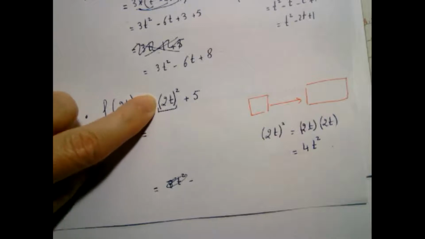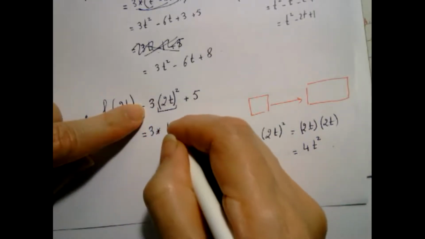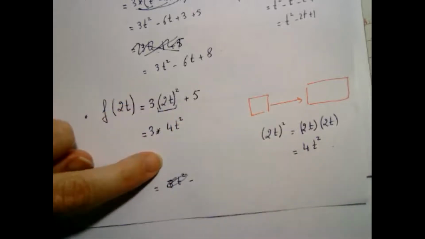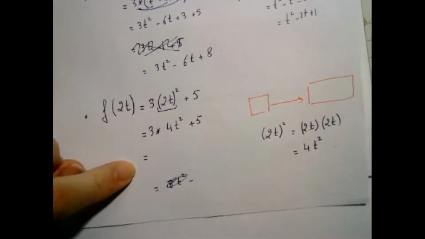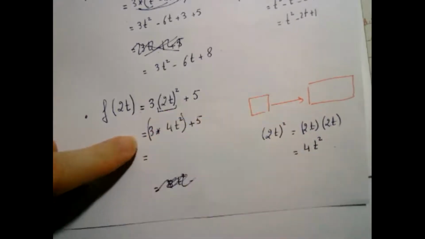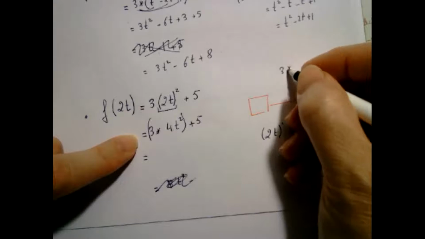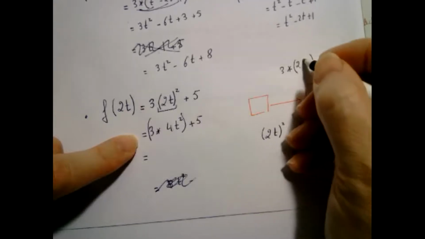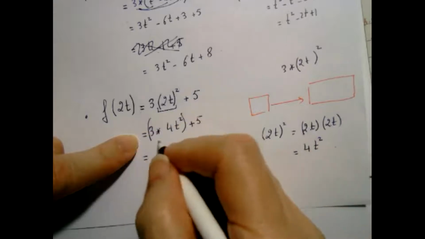Okay, so now I'm going to have 3 times 4t squared plus 5. There is no 8, actually. I thought you do 3 plus 5. No, because it's 3 multiplied by 4t squared. Got it. It's going to give me how much now?